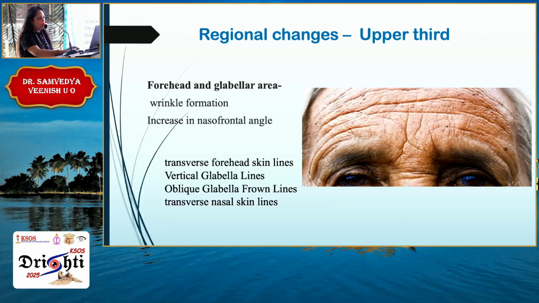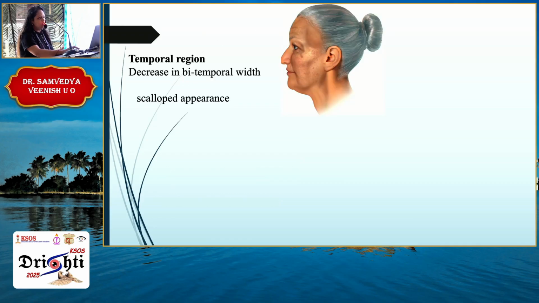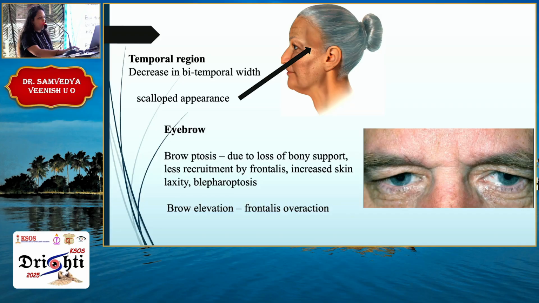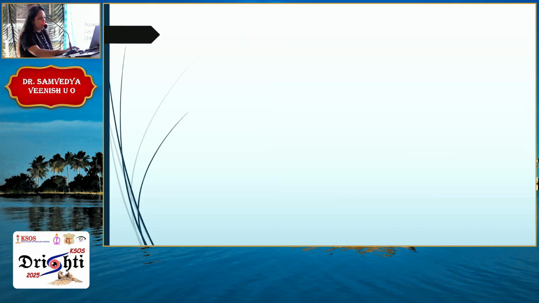Region-wise, in the upper third of the face, the forehead and glabella show wrinkles and an increase in nasofrontal angle. In the temporal region, you see a decrease in bitemporal width, giving a scalloped appearance. In the eyebrow, you can have either brow ptosis or brow elevation. Coming to the middle third of the face, in the periorbital area, there is an increase in orbital aperture, loss of lateral canthal tilt, and globe protrusion resulting in senile enophthalmos.